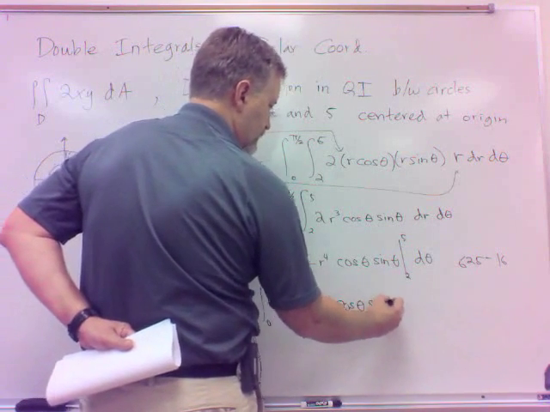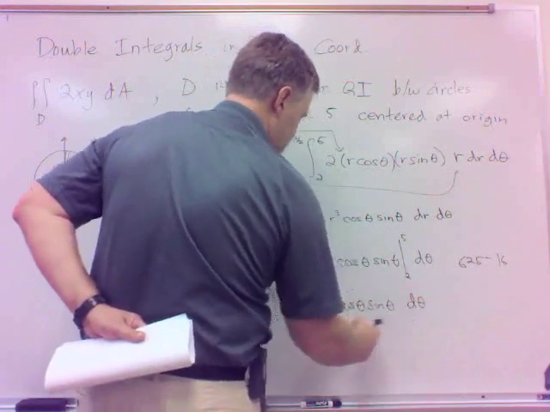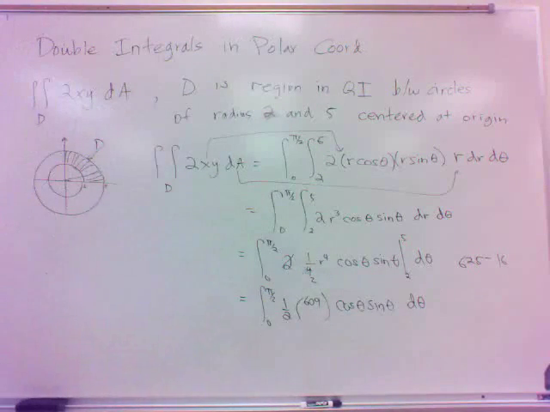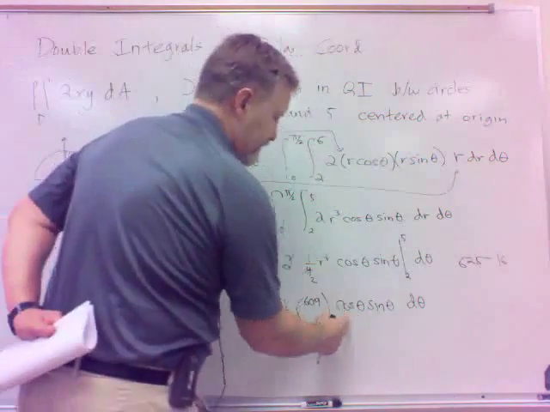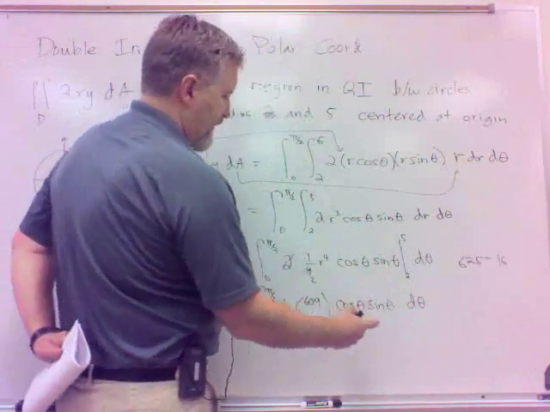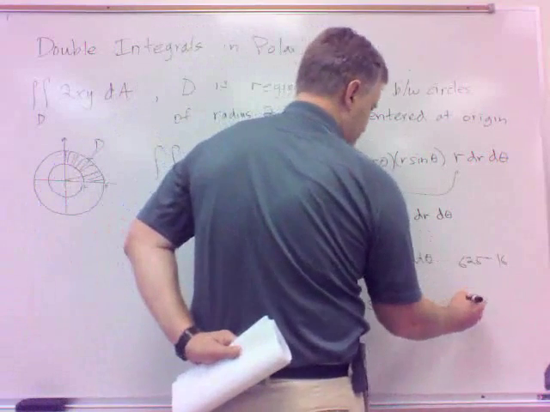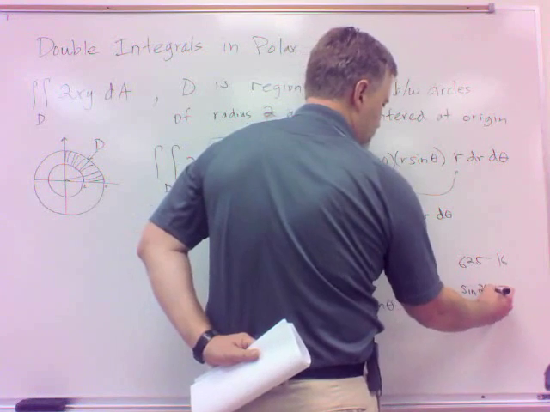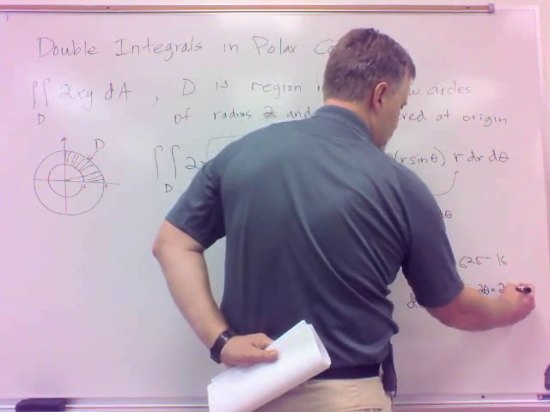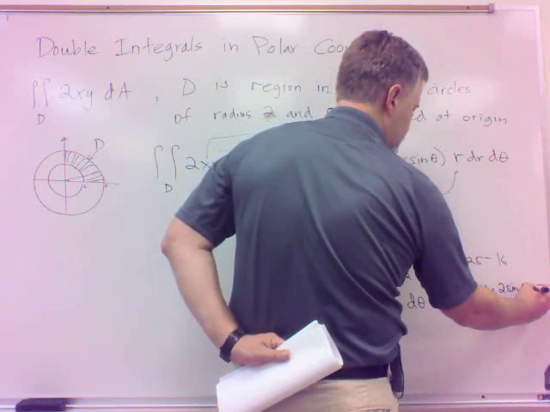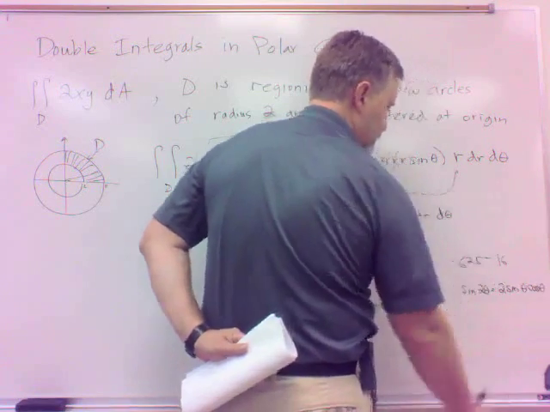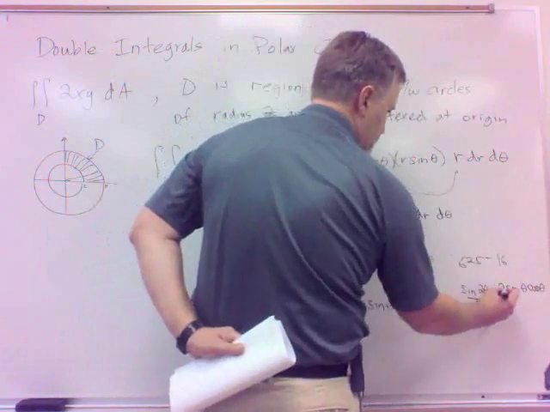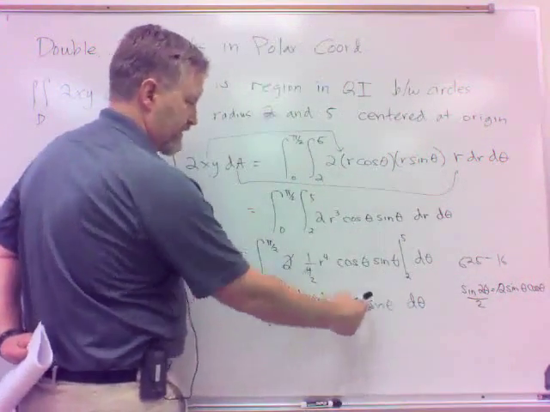Now, we could do this integral a lot of different ways. One way is substitution. However, one other suggestion here is to remember that sine of 2 theta is equal to 2 sine theta cosine theta, one of our trig identities. And so sine 2 theta over 2 equals sine theta cosine theta.